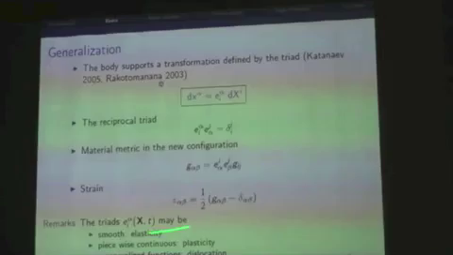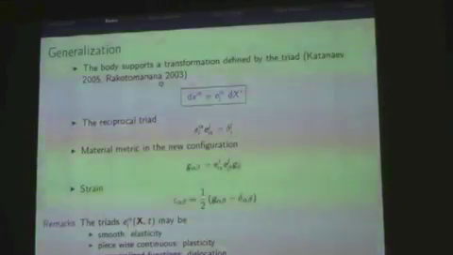After that, the strain is measured with the same tools. In fact, what we have to keep in mind is that the triad is not a static quantity and is not a uniform quantity. If it's a smooth quantity, we are in the situation of elasticity.